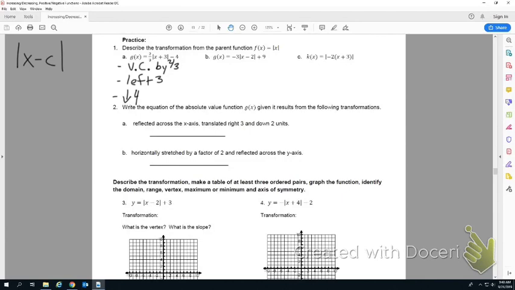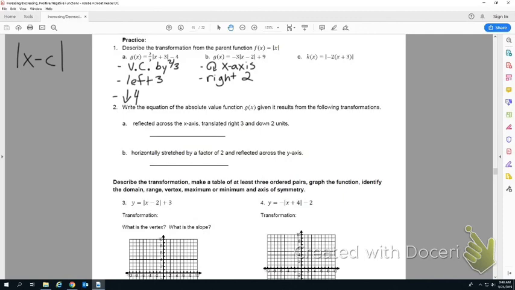Looking at the next one, Meredith, give us one of the transformations. Okay. Gavin, give us another one. To the right. I don't know.